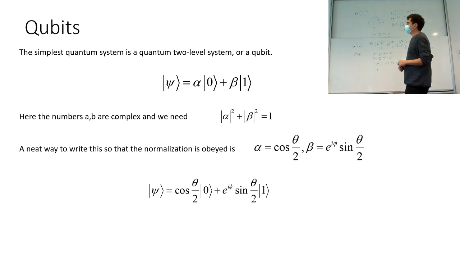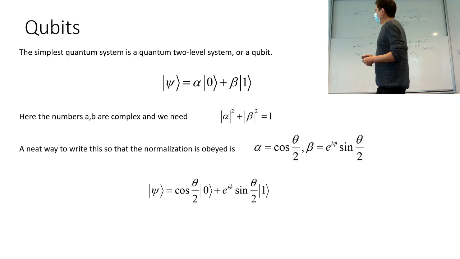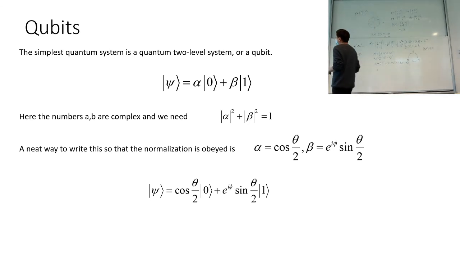Question: what is e to the power of I phi? Why is it there? Well, alpha and beta, if I write them totally generally, I can write in the polar decomposition.